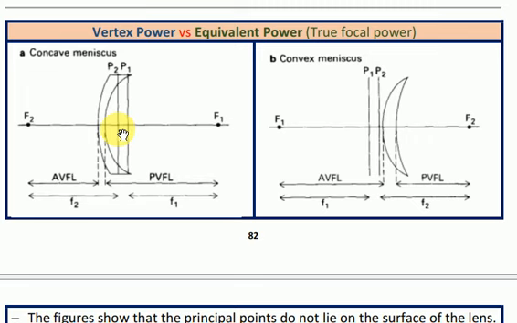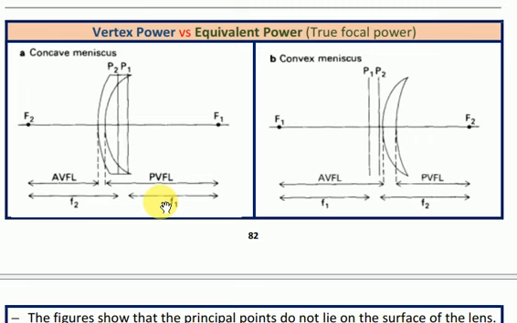The distance is the anterior or posterior vertex focal length, AVFL and PVFL, and it must be distinguished from the focal lengths F1 and F2.